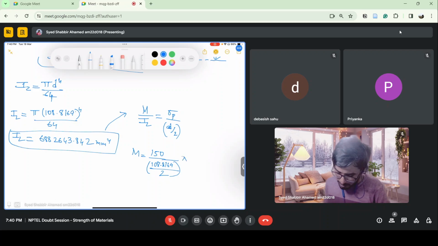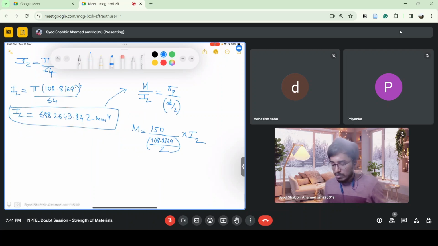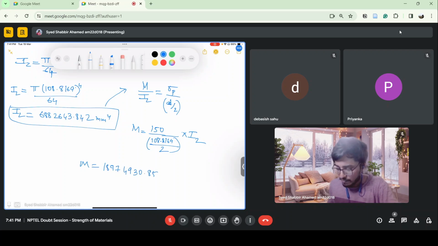Into I_ZZ. So I'll get 150 by 2, 150 by 2, into 108.816 by 2 into in power 4. I think 1897.4930.8.